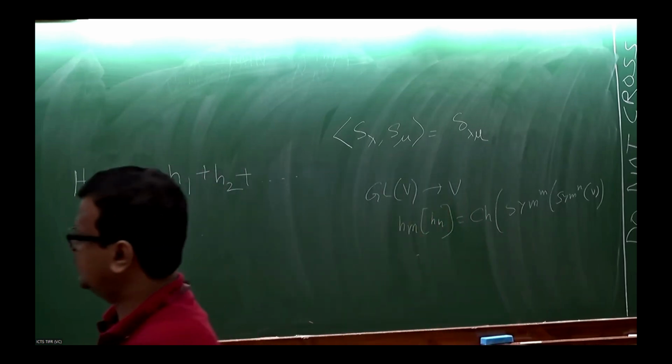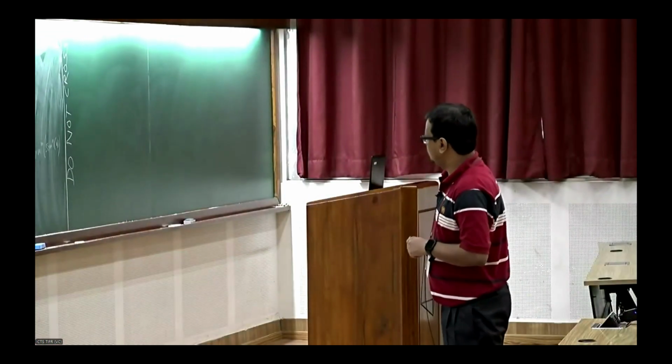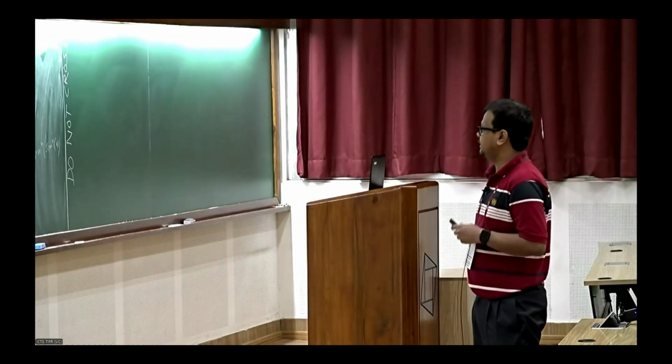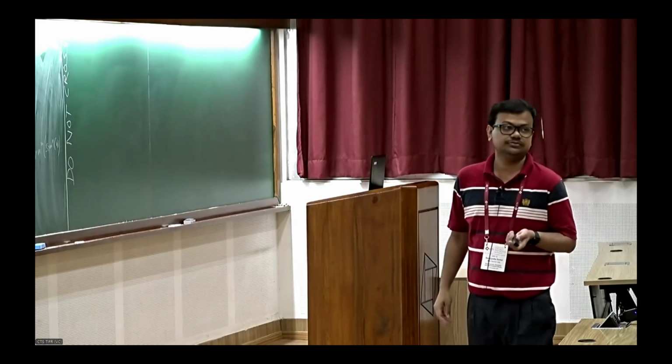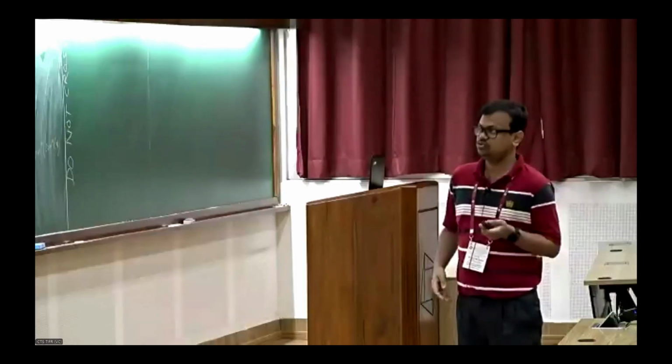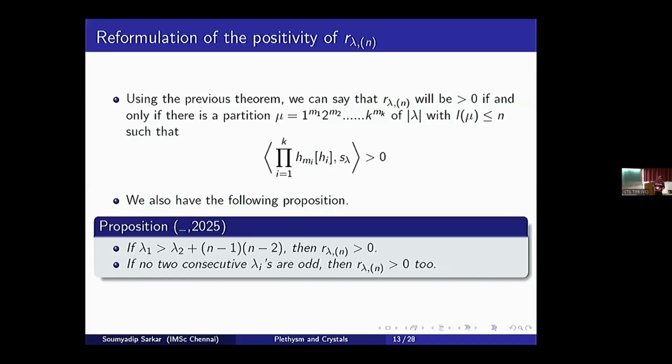It is 1 if lambda equals mu, otherwise it is 0, and then you can extend this inner product to the whole space of symmetric functions. That is the usual Hall inner product. So we can say that R_lambda^n is positive if there is a partition mu such that this happens.